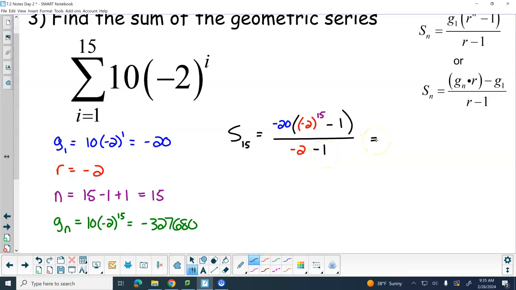If I used the second formula, I would have negative 327,680 times negative 2 minus negative 20, divided by negative 2 minus 1. Either way, do it fine.